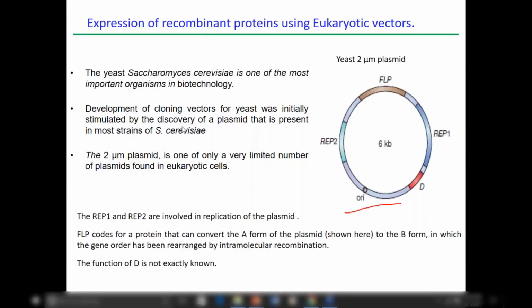Very good. Understood, others? So in order to utilize this particular plasmid for cloning in a eukaryotic system, people started engineering it. That is what we are going to see next.